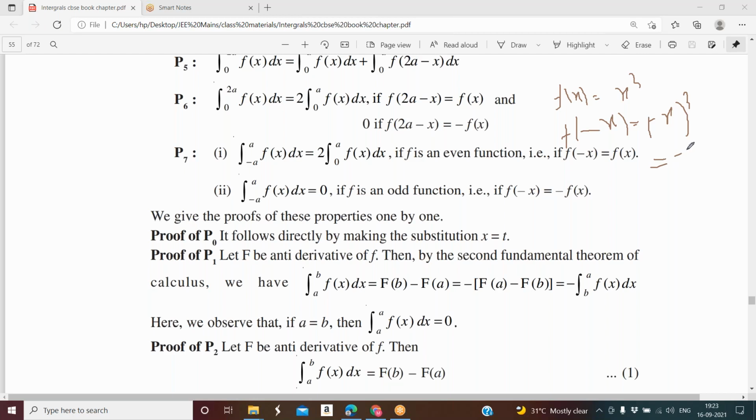Again, minus x cube. So this can be written as minus f of x, where x cube is replaced by f of x. F of minus x equals minus f of x. Therefore, it is an odd function of x. If the integrand is an odd function of x, then the value of the integral will be 0.